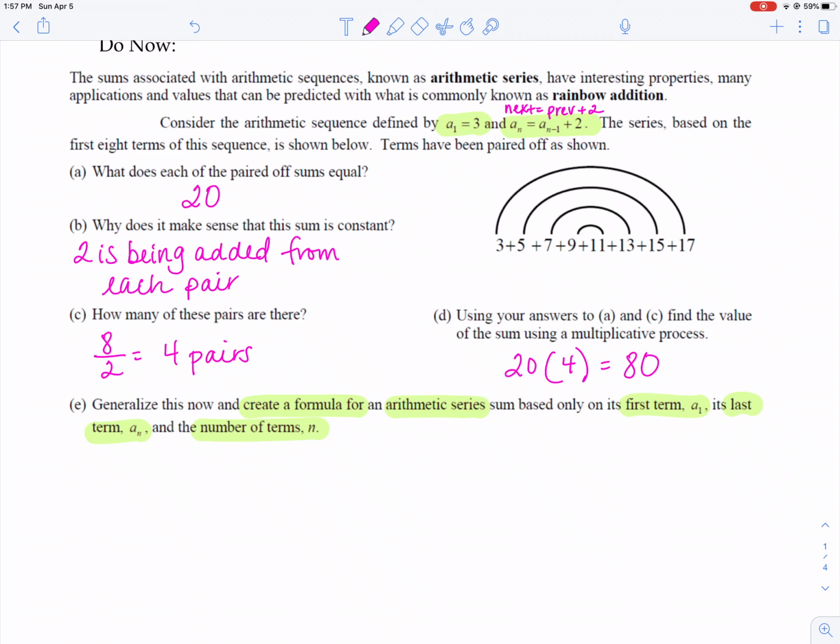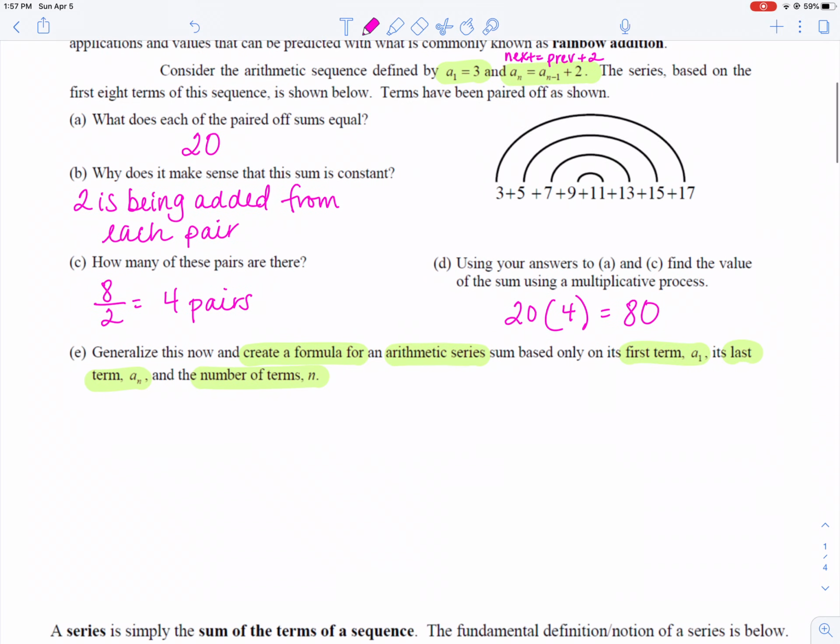So I'm going to call this series S of n, the sum of the entire series. Well, what would you have to do? You would have to take n, which would be your number of terms, and you would multiply it by your first term and your last term.